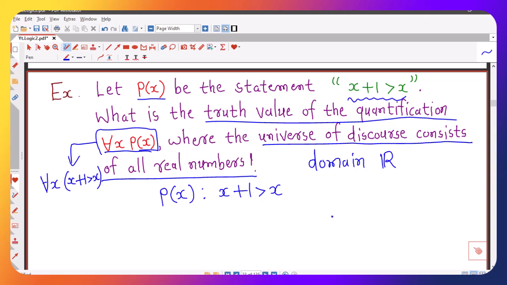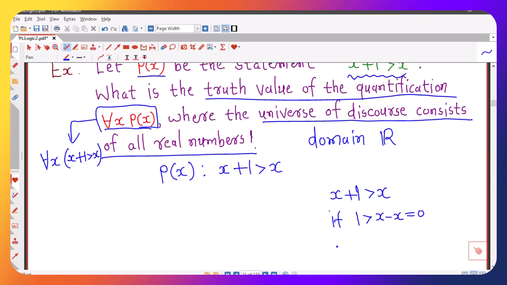Now if x is any real number, then x plus 1 is greater than x if 1 is greater than x minus x, that is 0. So if I take any real number, x plus 1 is greater than x is true if 1 is greater than 0, and we know that this is always true.